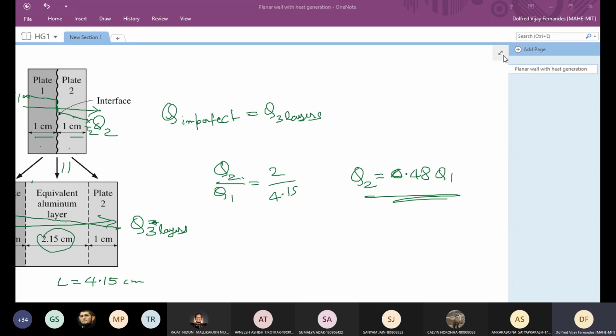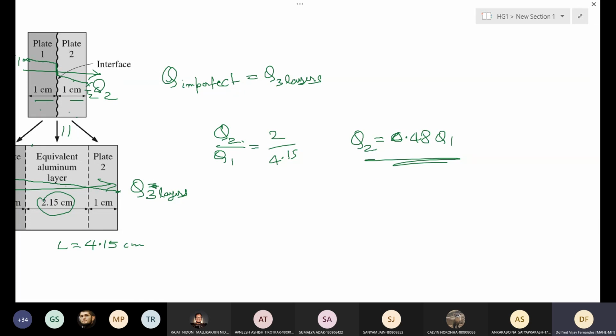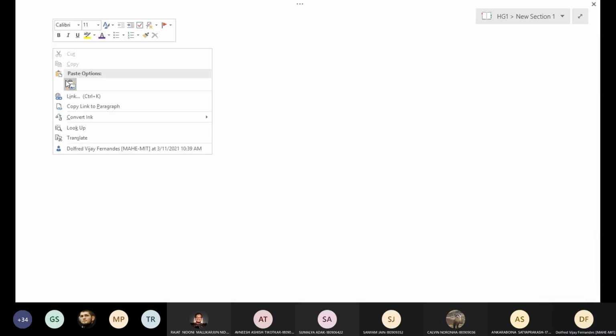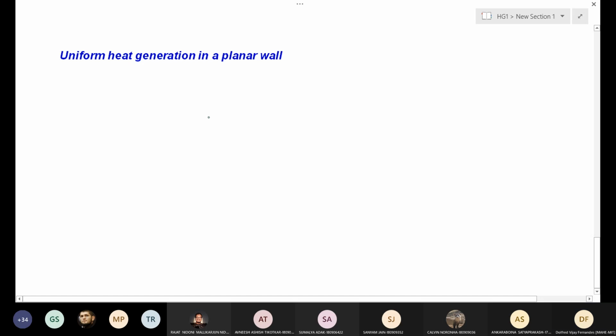Okay, so we will consider next heat generation, rate of heat generation. First, uniform heat generation in a planar wall.